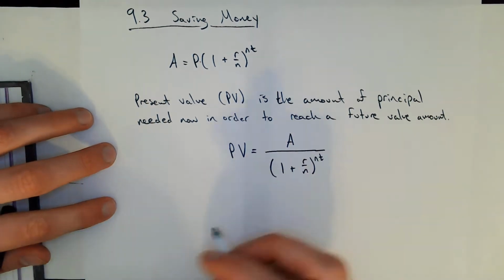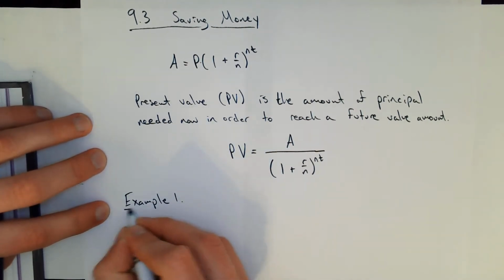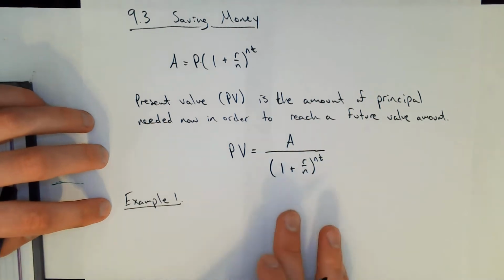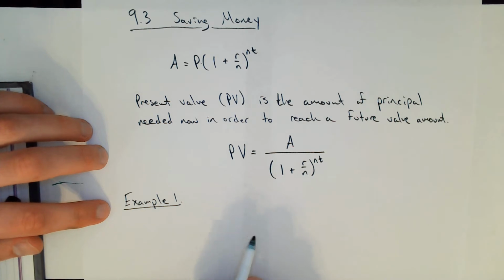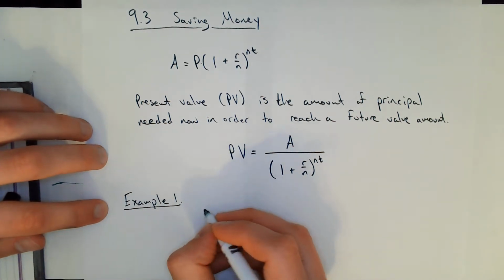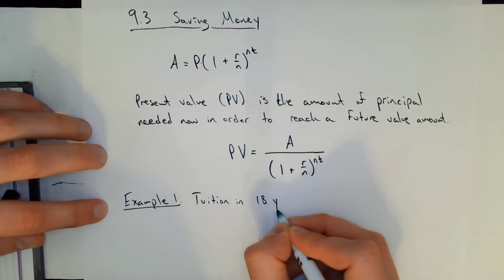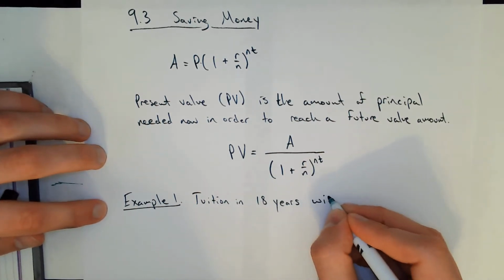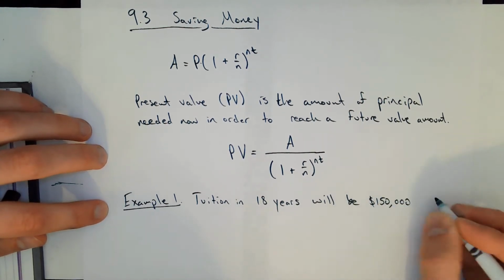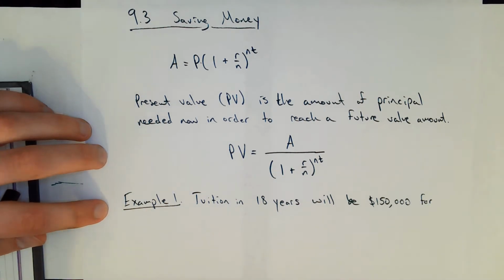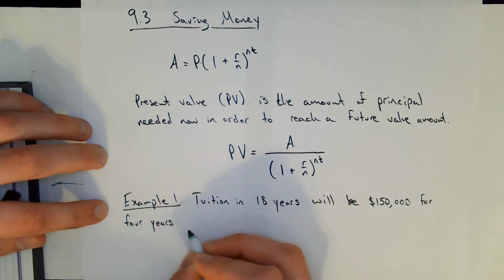So let's run example 1 now. Just practice using this formula. State College predicts that in 18 years it will take $150,000 to attend the college for 4 years. So let's say tuition in 18 years will be $150,000 for 4 years, for a traditional 4-year college experience.